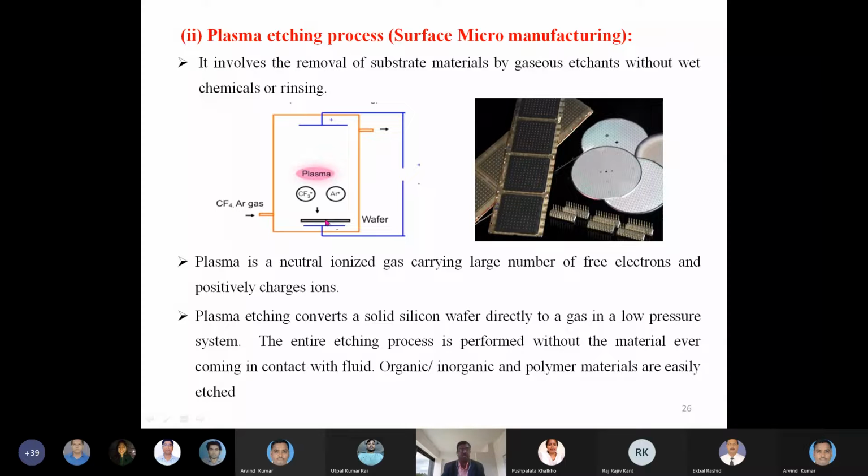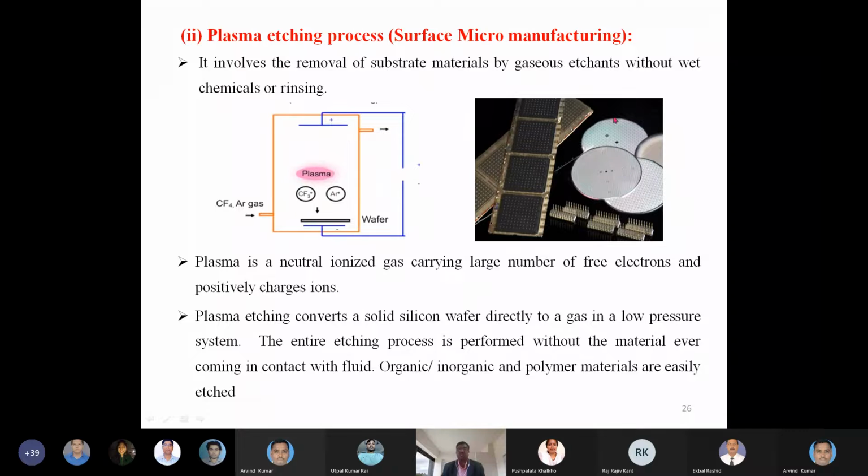Plasma etching converts the solid silicon wafer directly to a gas in a low temperature system. The entire etching is performed without the material ever coming in contact with a fluid, so there is no physical contact. Organic and inorganic polymer materials can be easily etched by using this surface micro manufacturing process.